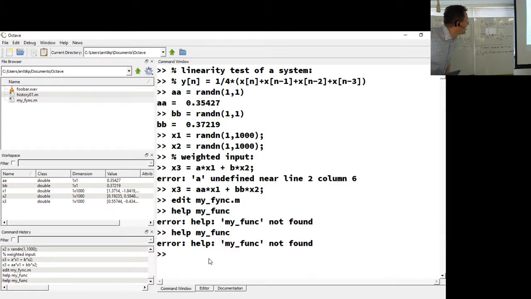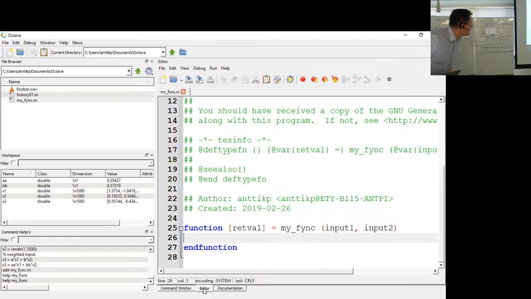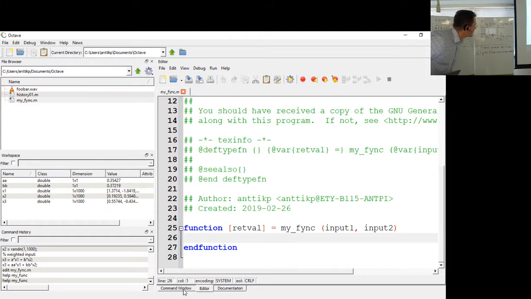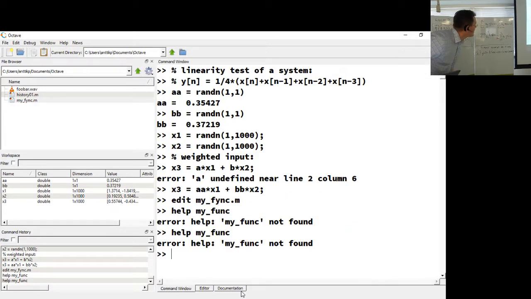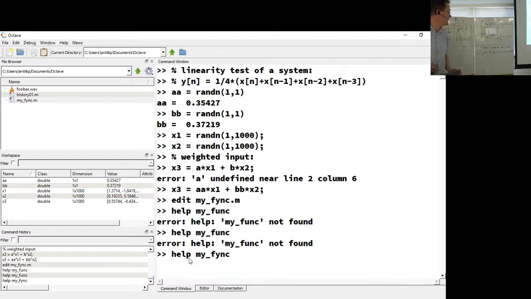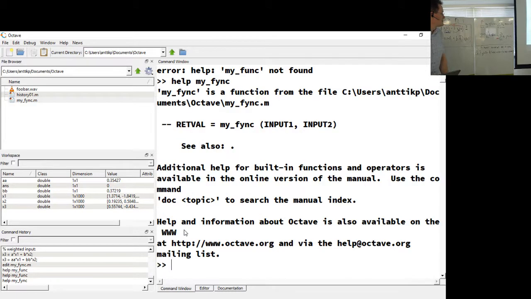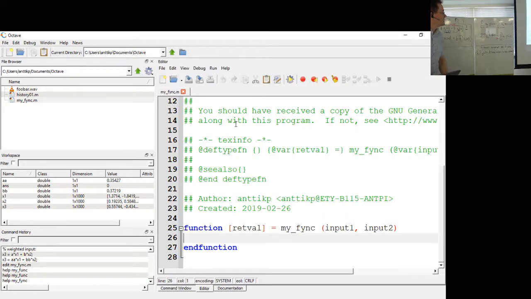Oh, that's why. Where did it get the func? Didn't I start the edit? Oh, yeah, okay. That's my func. Help. Yep. That's basically the same text as here at the beginning.